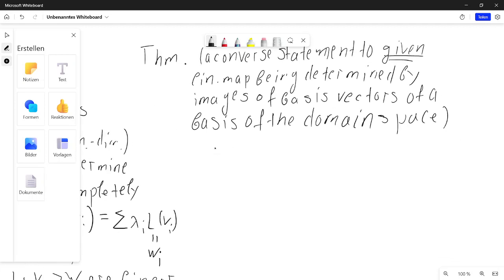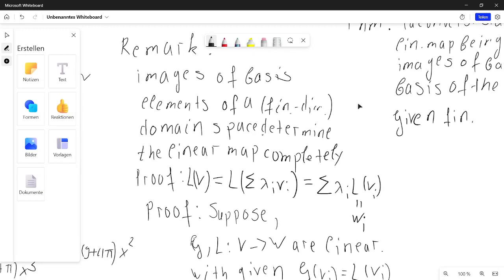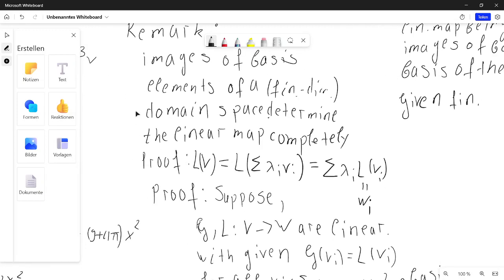What's the converse statement? Given finite, actually not even finite dimensional, as you can see, we do not assume anything about image space.